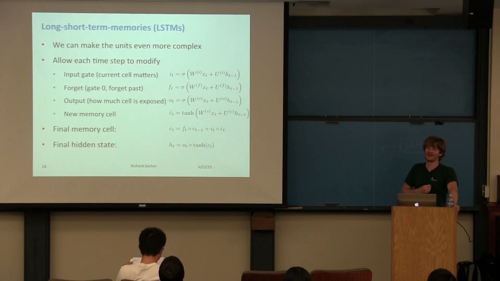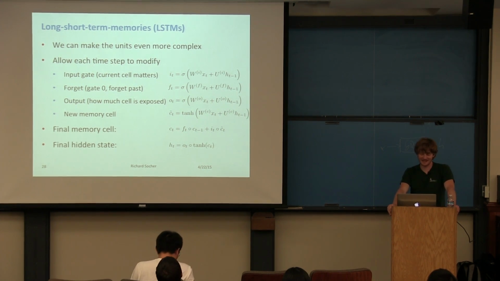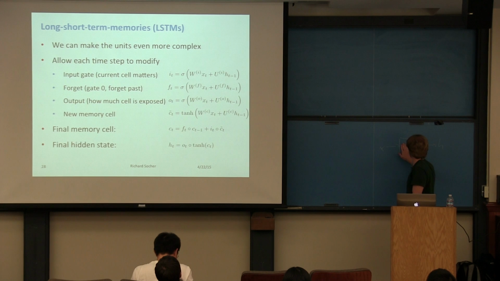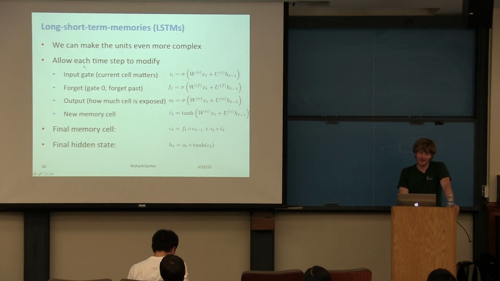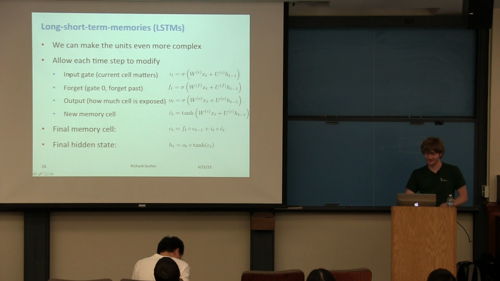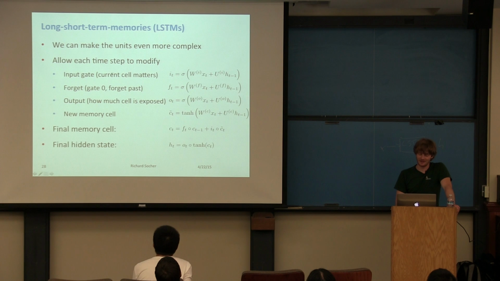So let's walk a little bit through the intuitions of an LSTM. And again, most people in the end will just write, this is an LSTM, and not care that much about the internals. So we have basically now 3 different kinds of gates. We have an input gate that basically will be very high if the current input actually matters, and you want it to really update.